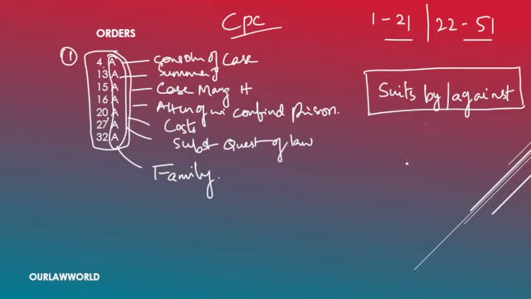So how to remember this? Just remember the numbers 2, 3, 4, a continuation of numbers 2, 3, 4. Add 4 and 3, that is 7. So from 27 to 34, these orders state suits by or against. What are these orders? We'll learn in detail.